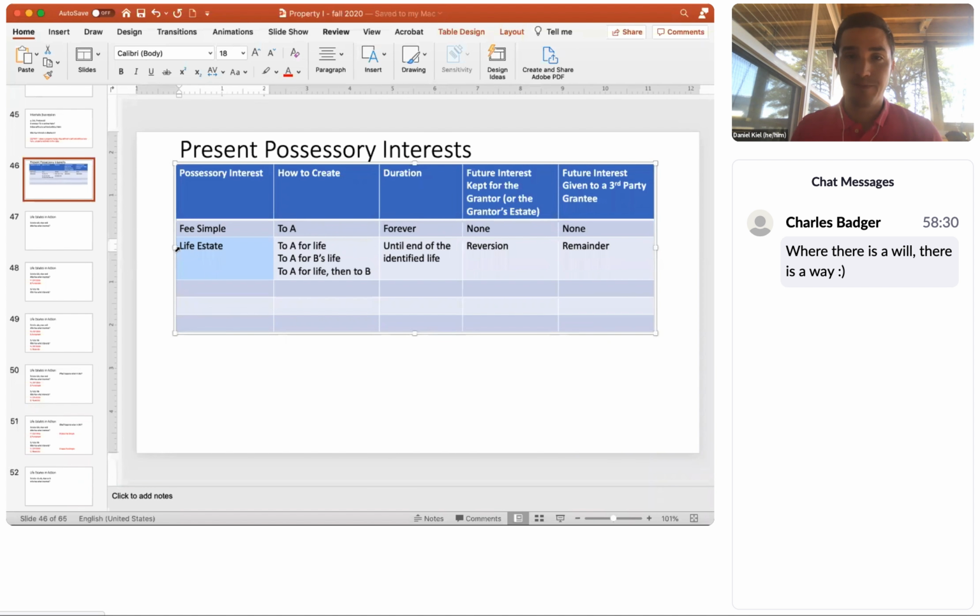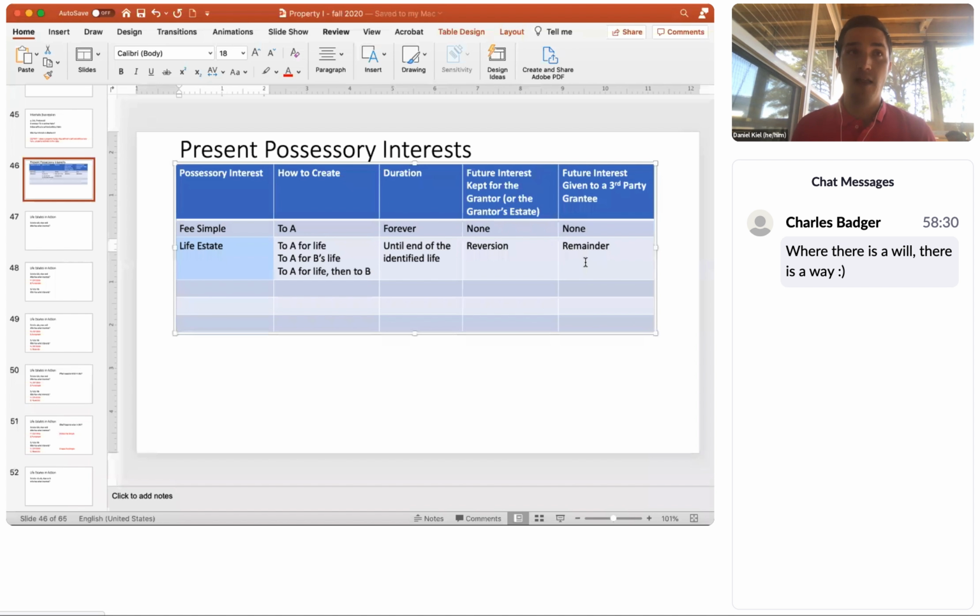Never stop there. The chart is going to take you all the way over to the side, and it's going to remind you that every time there is a life estate, there has to be a future interest of some sort. Sometimes it's going to be a reversion, sometimes a remainder, but the point is there has to be at least one future interest attached to a life estate.